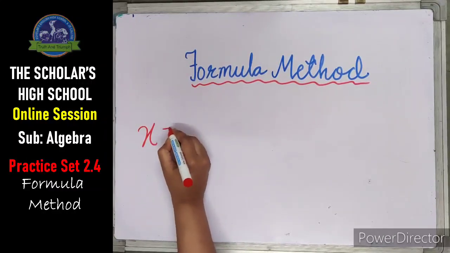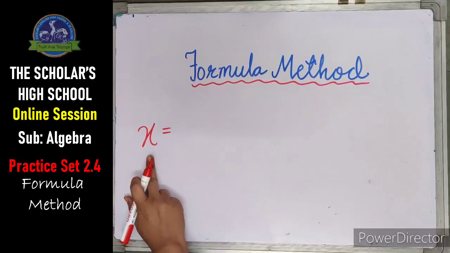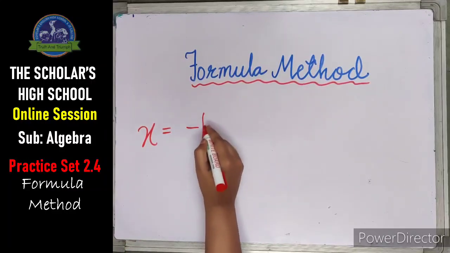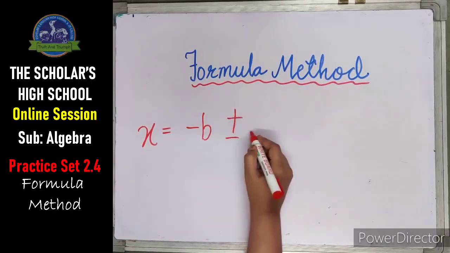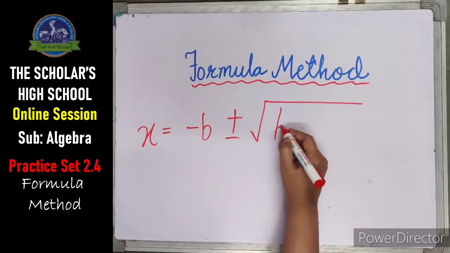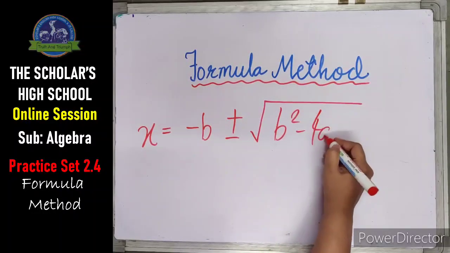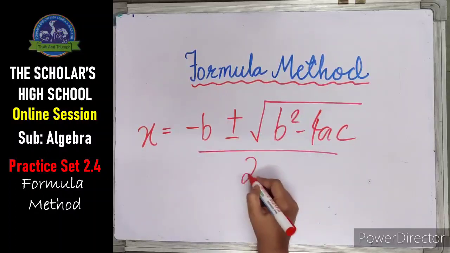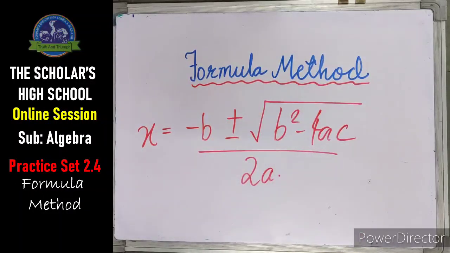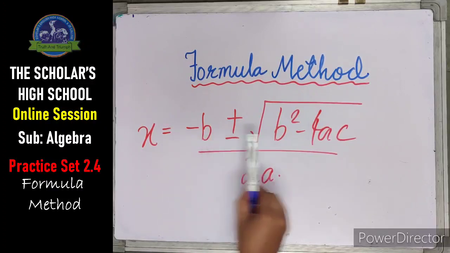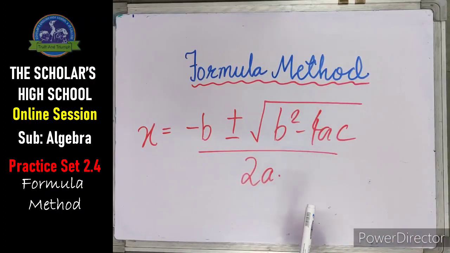So the formula is: you write the variable given in the question equals minus b plus minus under root b square minus 4ac upon 2a. You will see the terms used in the formula are a, b and c, which we can get from the equation.